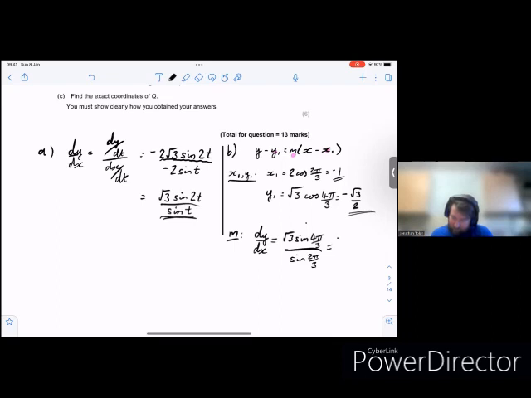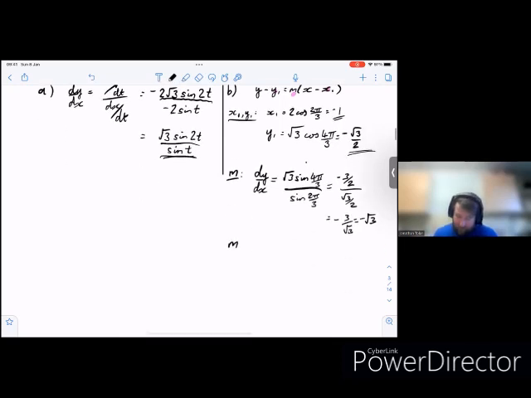So that'll be minus 3 over 2 when we multiply it by root 3. And sine of 120 is just √3/2. So that becomes -3/√3, which is minus √3. So our gradient is the normal, so m will equal the negative reciprocal of that, so it'll be 1/√3. Just leave it in that form.